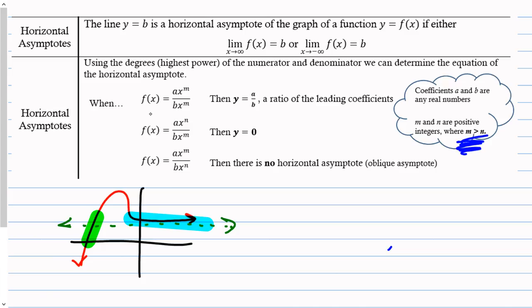So for the first part here, I have a ratio, and my exponents are exactly the same. When my exponents are the same, my horizontal asymptote is going to be located wherever these two numbers in the front get me. All I got to do is take a ratio of the coefficients, a and b, and whatever that is, that's where my horizontal asymptote is located. y equals a over b.